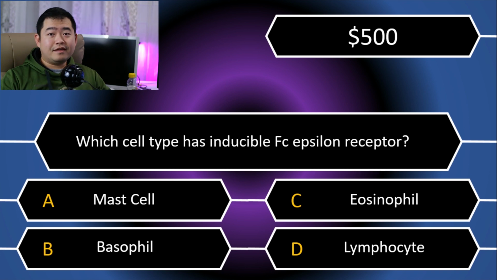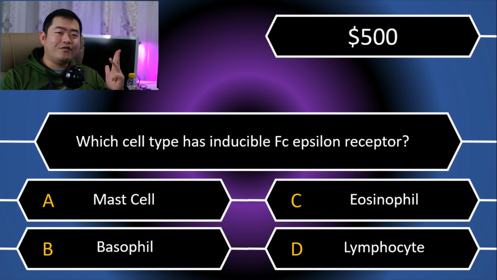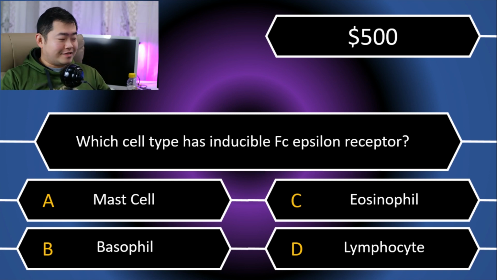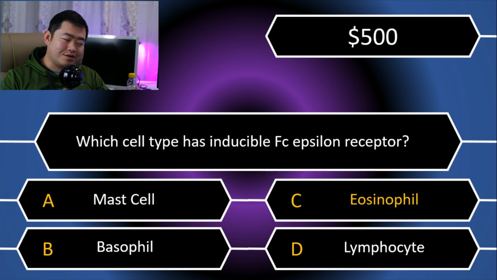I'll give you 5 seconds to think about it. 1, 2, 3, 4, 5. Are you sure? Alright, the answer is C, eosinophil. Congratulations, you've just hit the 500 mark.